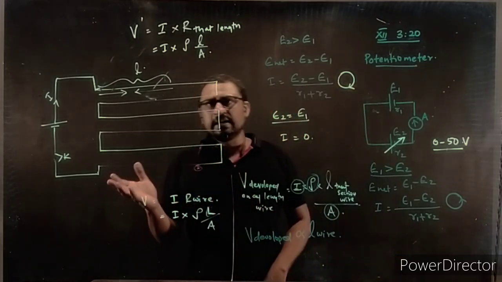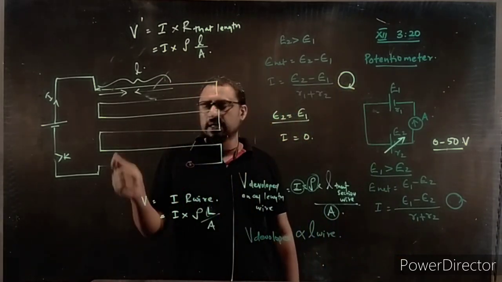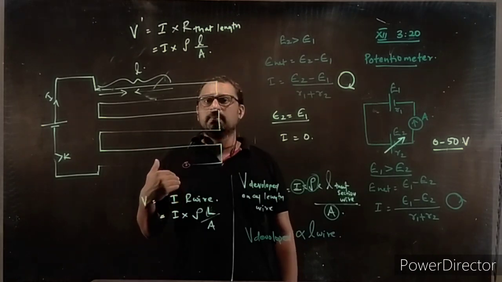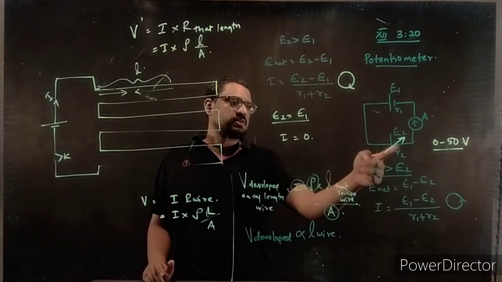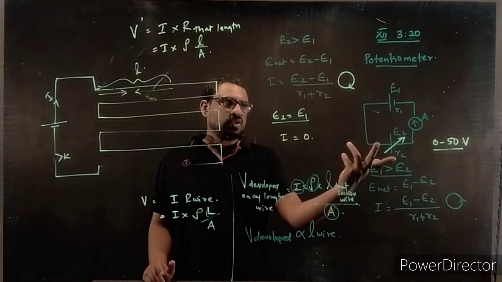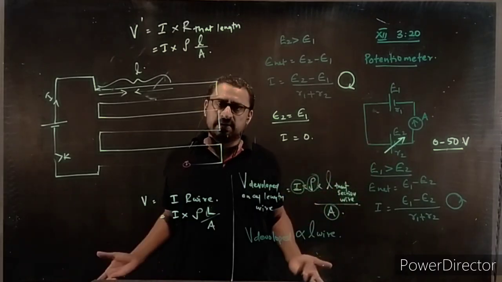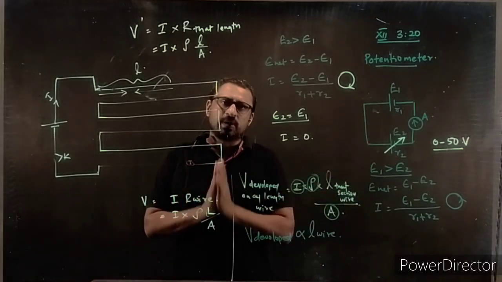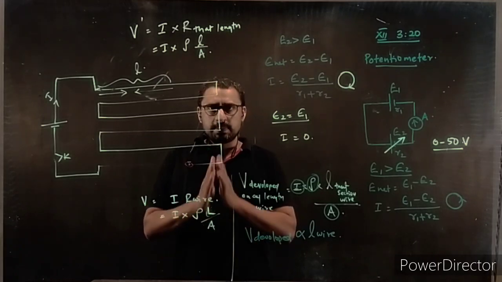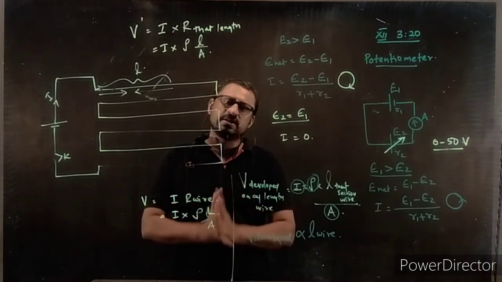So you can create a source whose value can be varied, and the varied value can be measured. So this requirement will be met, and you can find out the value of an unknown EMF. This is the principle of working of the potentiometer.